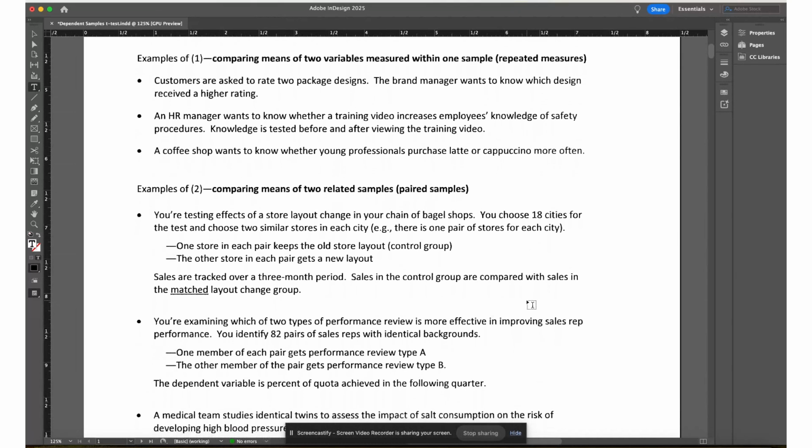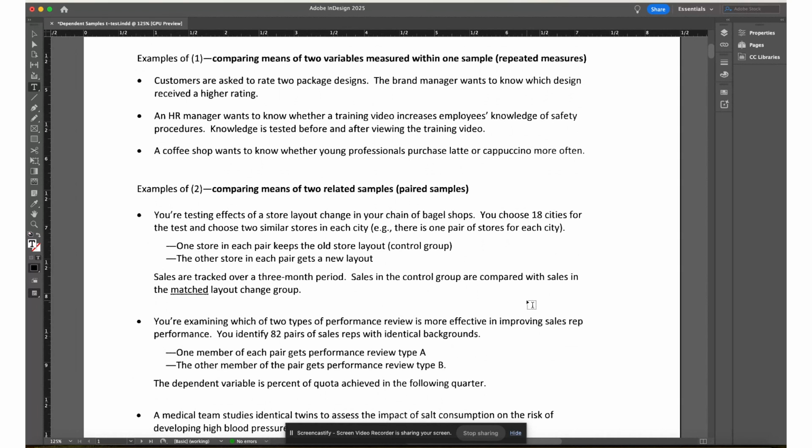Next example, you're examining which of two types of performance review is more effective in improving sales rep performance. You identify 82 pairs of sales reps with identical backgrounds. One member of each pair gets performance review type A. The other member of the pair gets performance review type B. The dependent variable is percent of quota achieved in the following quarter. So in this case, we have paired up two different sales reps with identical backgrounds.